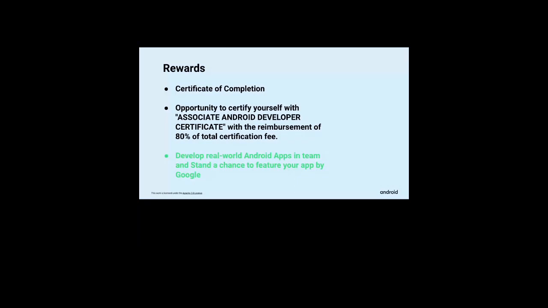I would like to clear one confusion here: there are two certificates in this program. The first is what we will be providing you on the completion of your modules, and the second is provided by the Google Developers side. That is basically an official certificate for professional Android developers.